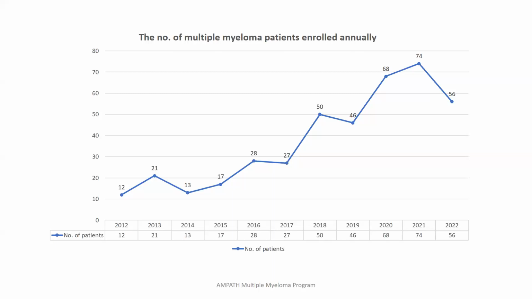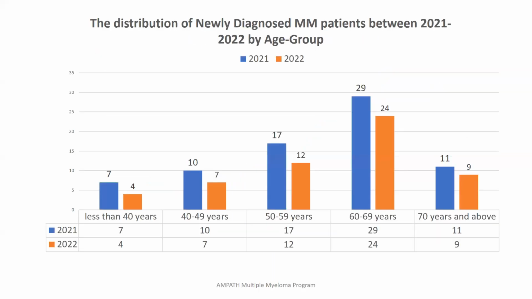Next slide. This next slide just shows the distribution of newly diagnosed multiple myeloma patients in 2021 and 2022. And this is just for us to appreciate the age in which this multiple myeloma is diagnosed, even in our setting. You can see less than 40 years is 7 and 4 for 2021 and 2022.